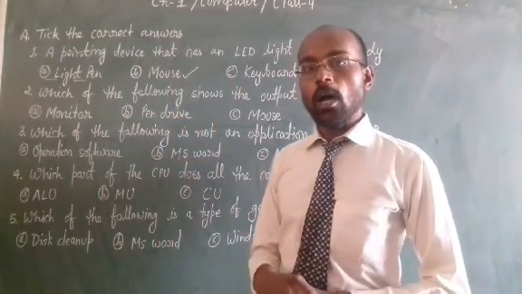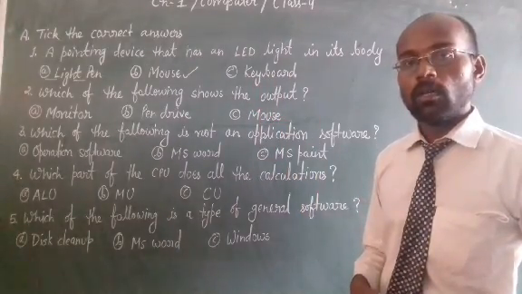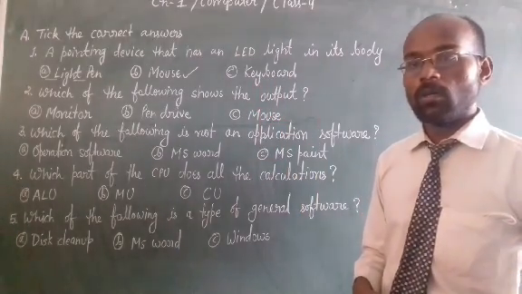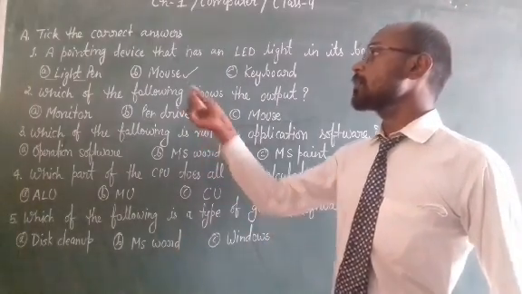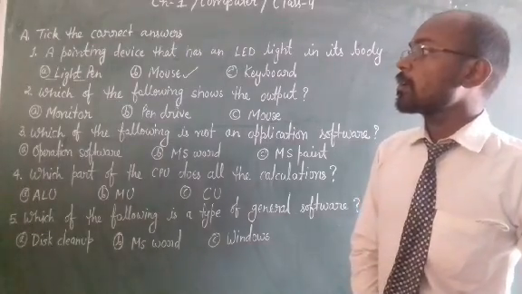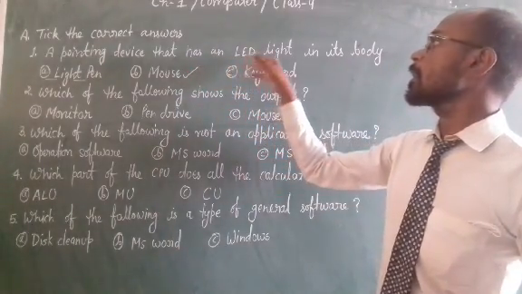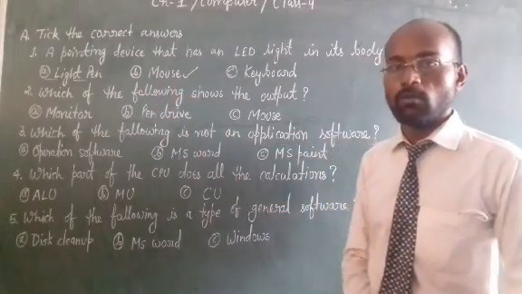Mouse is also an input device. Keyboard is also an input device. So students, the answer of question number first is mouse. A pointing device that has an LED light in its body is mouse.